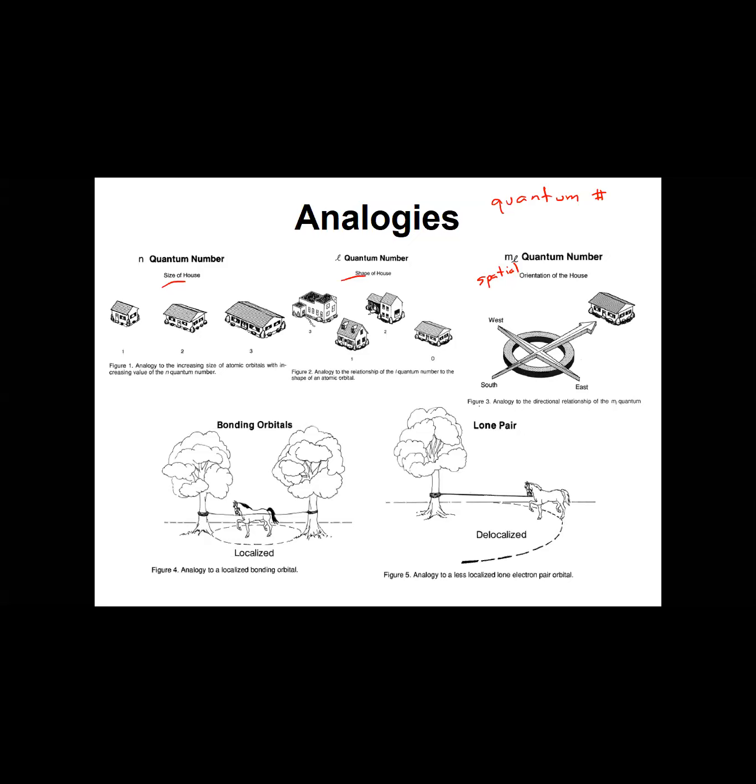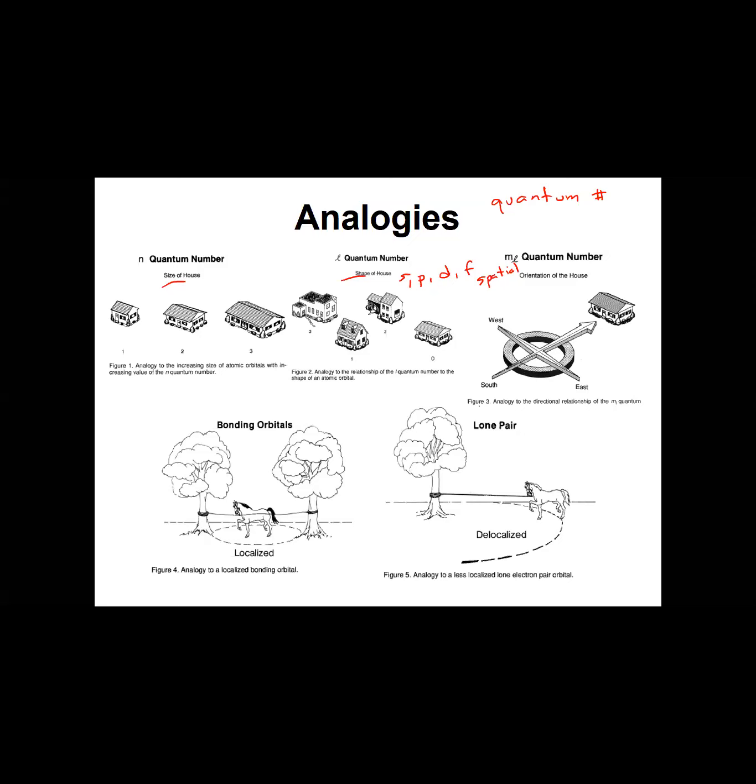The size quantum number, which is n, just tells you how big your house is. n equals 2 is much bigger than n equals 1. Now l pertains to the shape. You have heard of s, p, d, and f. Those are associated with whatever l value you have. s is given to 0, p to 1, d to 2, and f to 3.